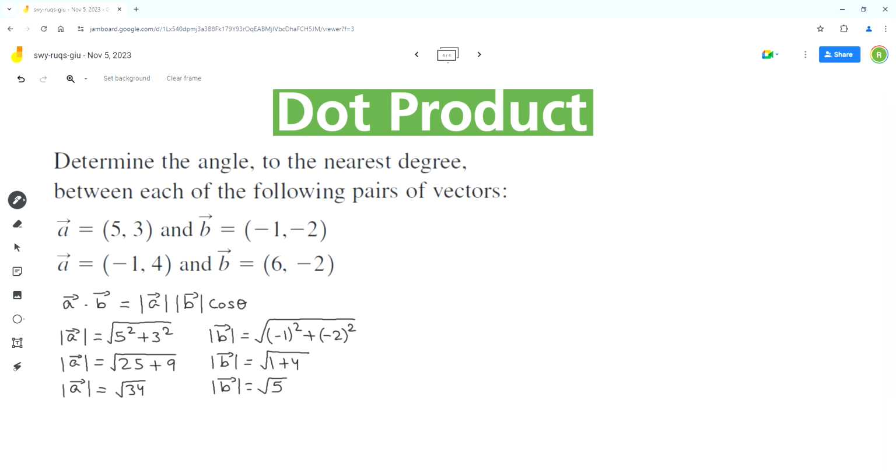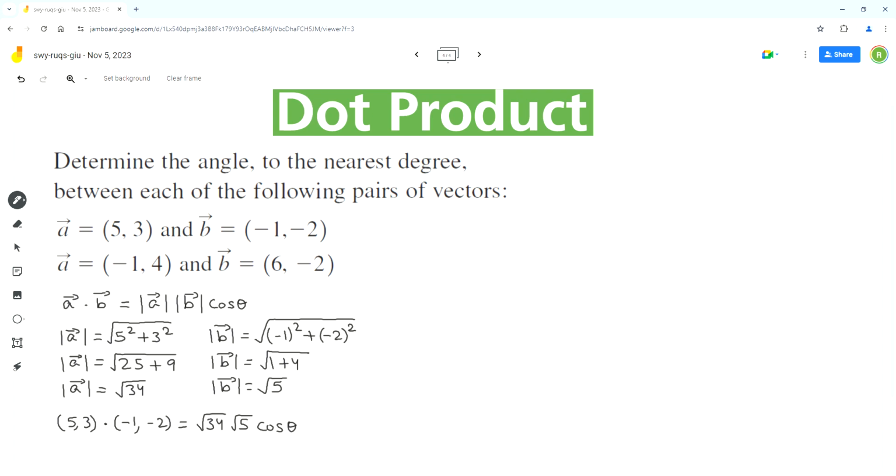Now we can sub in the values in the dot product equation. Now we can do the dot product on the left side.